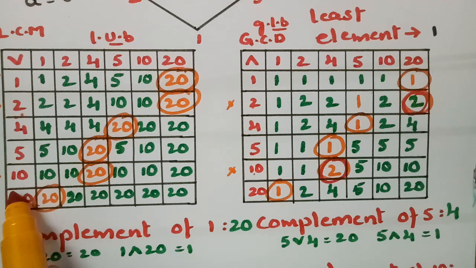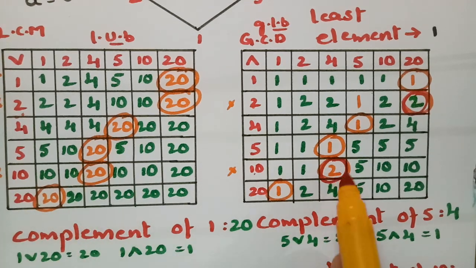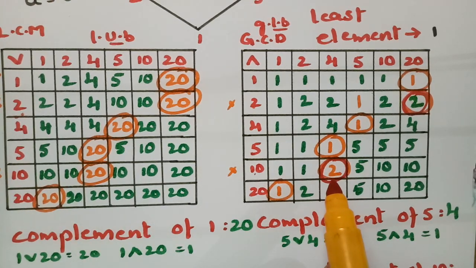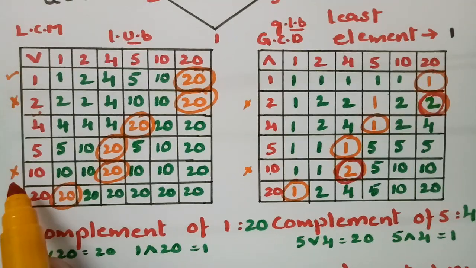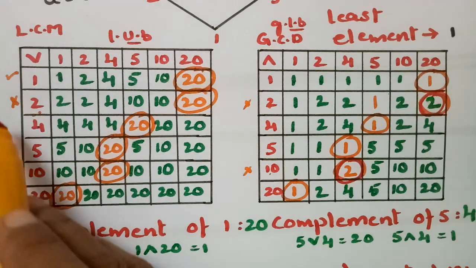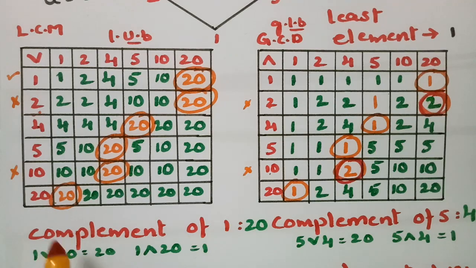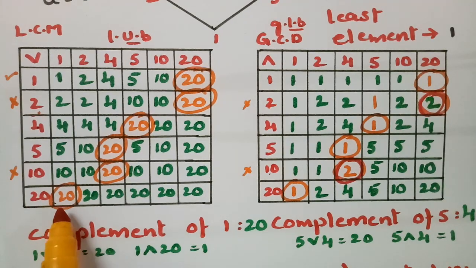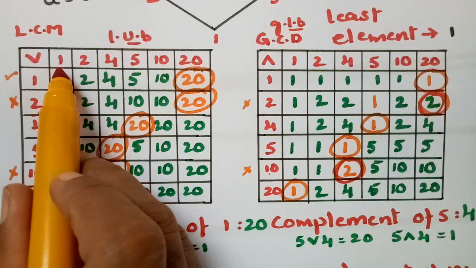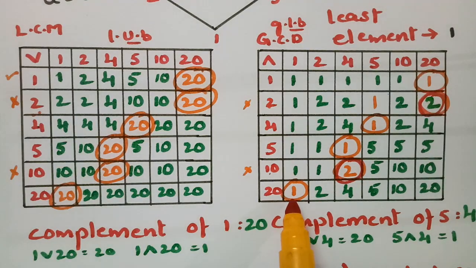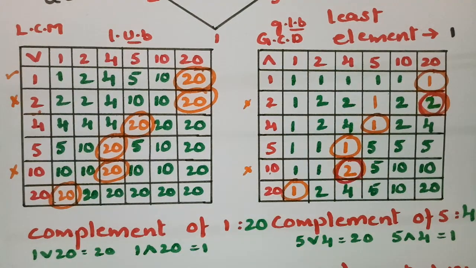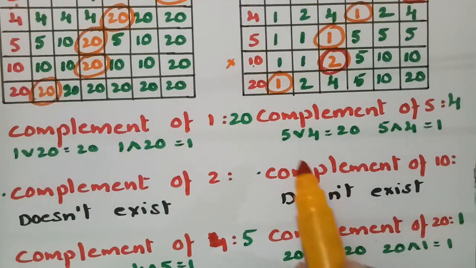And coming to 10 here, see here, it doesn't match with the least element as we have 2 here. Therefore the element 10 does not have a complement. The element 2 does not have a complement, whereas for 20, see here the greatest element. So the complement of 20 is equal to 1. So these satisfy.